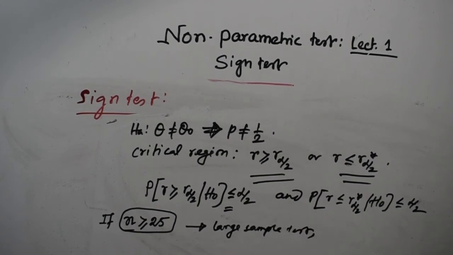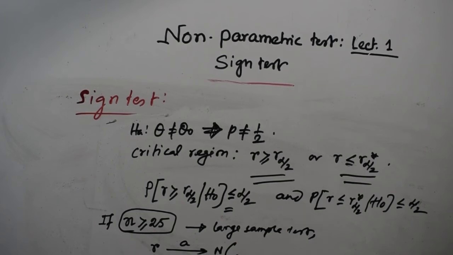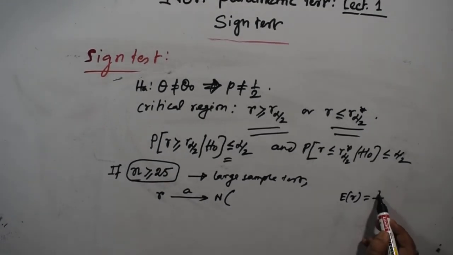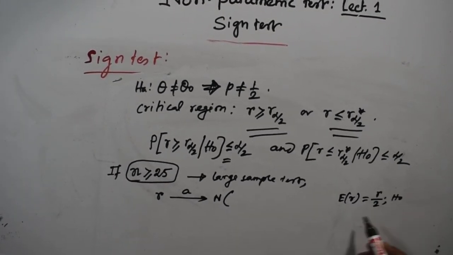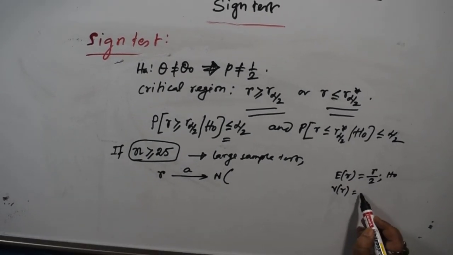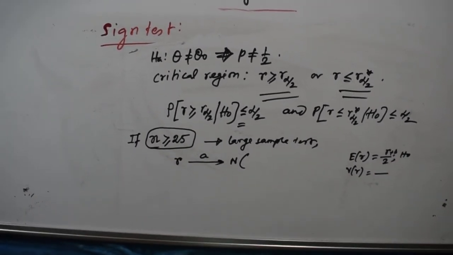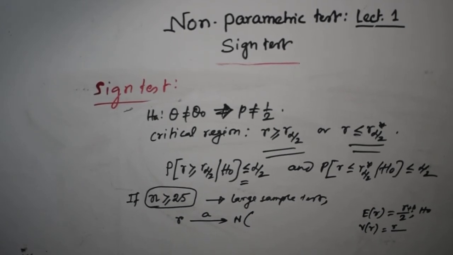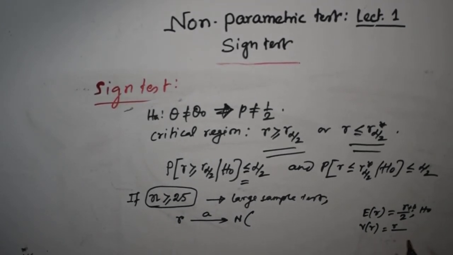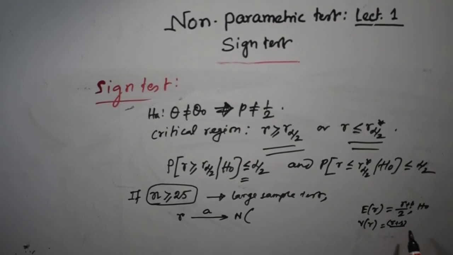That is, we know R is asymptotically normal with expectation of R under H naught equal to (R plus S) by 2, and variance of R under H naught equal to NPQ, where here N is R plus S, and P and Q both are half.